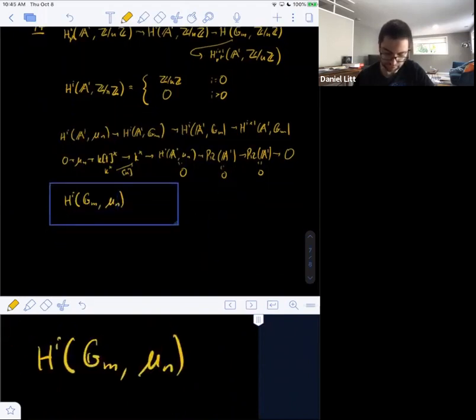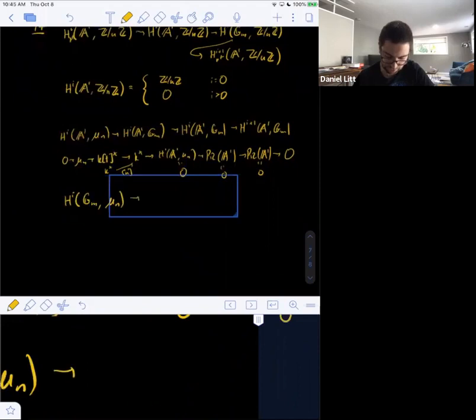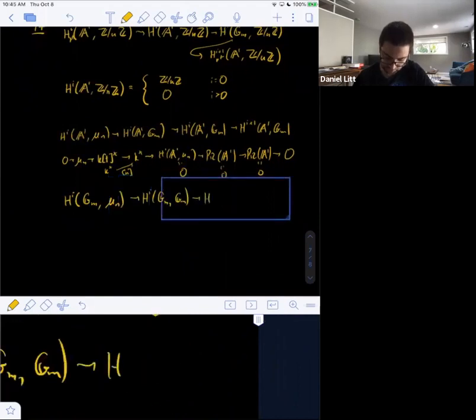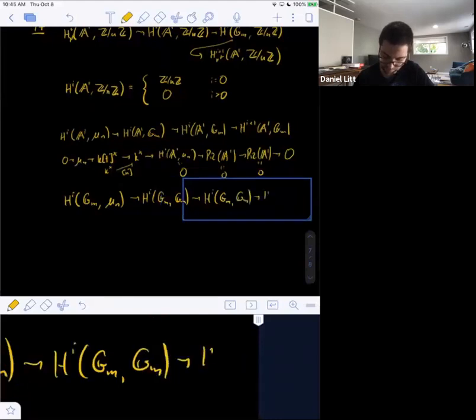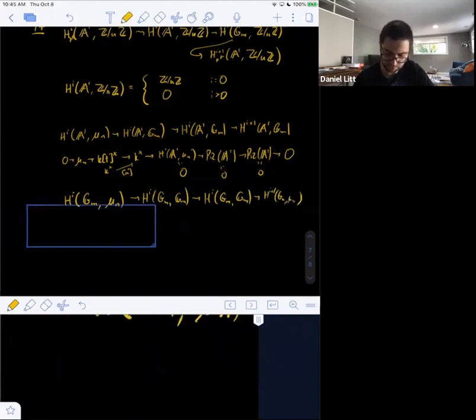So again, there's a long exact sequence, which goes from this to H^i of G_m with coefficients in G_m, to H^i of G_m with coefficients in G_m, to H^{i+1} of G_m with coefficients in mu_n, and so on. And what do we get?